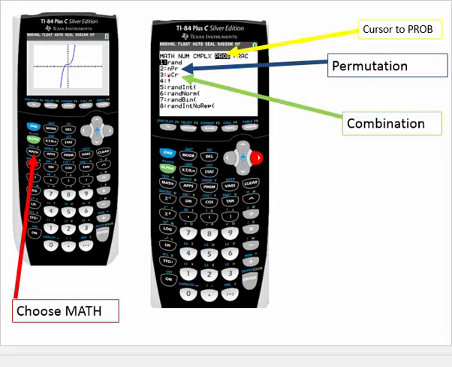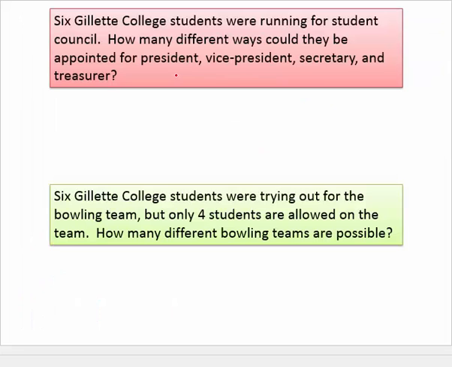So here's permutations, here's combinations. And you get there the same way we learned how to get to the factorial button last lecture, by hitting the math button and then going over to probability.